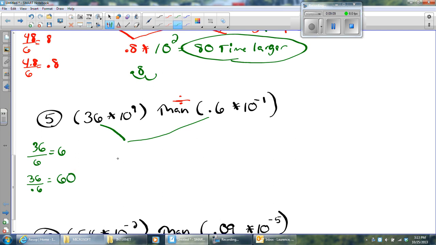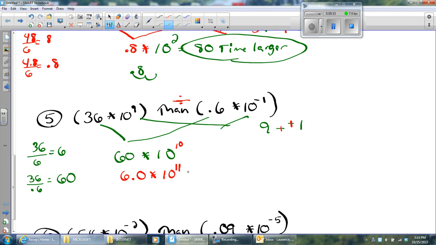So I'm going to have 60 for the decimal part times 10 to what power? Let's see here. Well, looks like I have a 9 minus a -1. 9 minus a -1 is addition. That would be the 10th power. All right, so 6.0 times 10 to the 11th power.